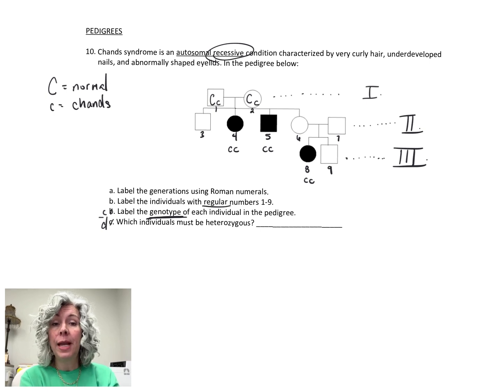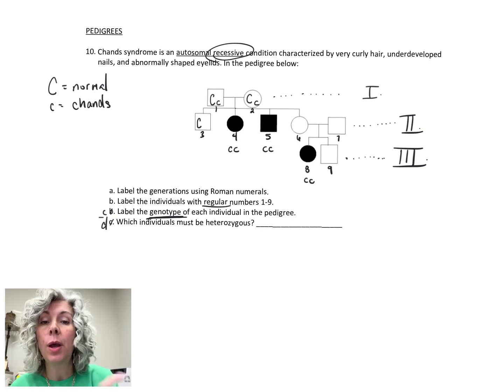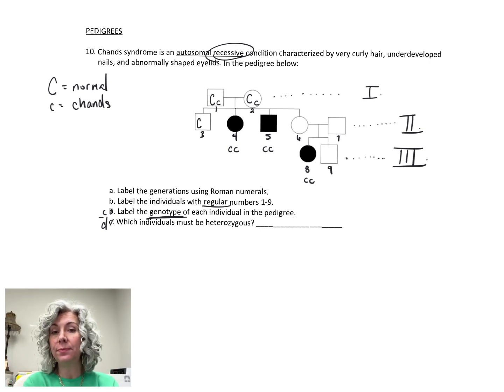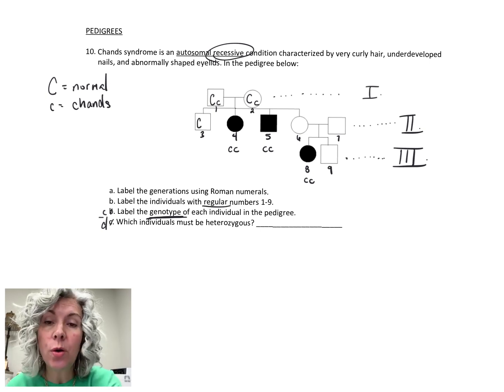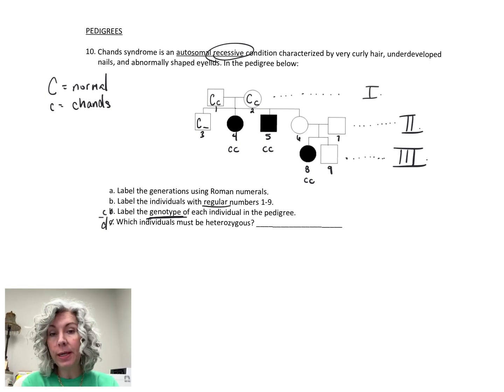Okay? Now, number 3 is a male. We know it has to have at least a capital C because it's not shaded in. We do not know what the other allele is. It could be a carrier or it could be homozygous, capital C. We don't know. We're going to leave it blank.